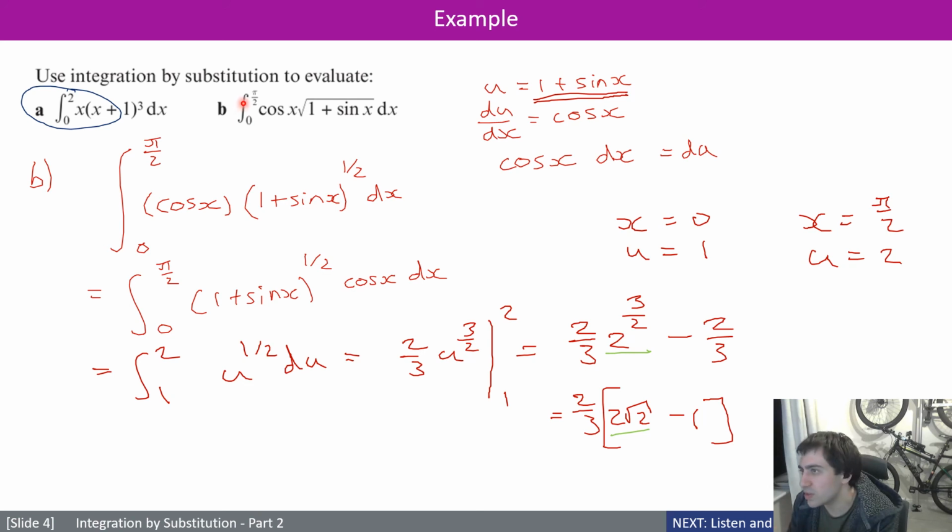It's not necessarily always the case, but it's a good hint there that it will. In any case, the integral itself had a lot of trig functions in it, so that should also set off your alarm bells that you want to use a trig function substitution. Cool.